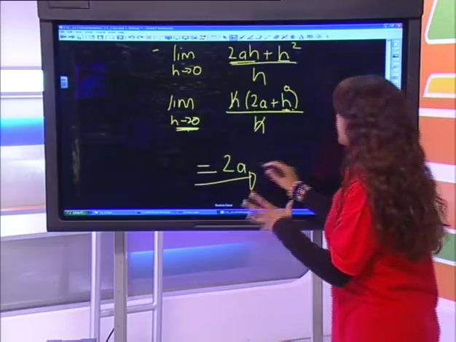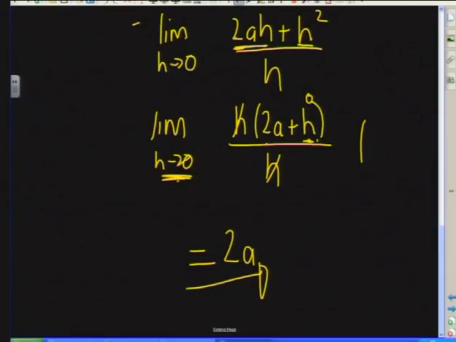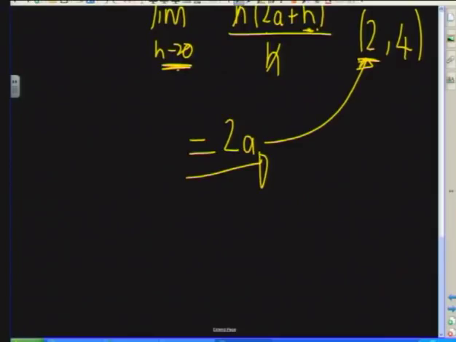Now remember, a in this case was the point 2, 4. Well, it was the x value of the point 2, 4. So if I want the gradient at that point 2, all I need to do is substitute x as 2 in place of a, and I'll get 2 times 2, which is 4.